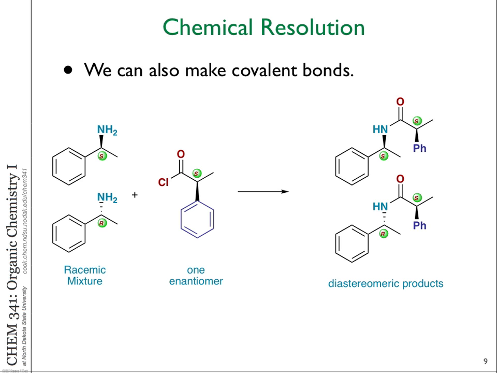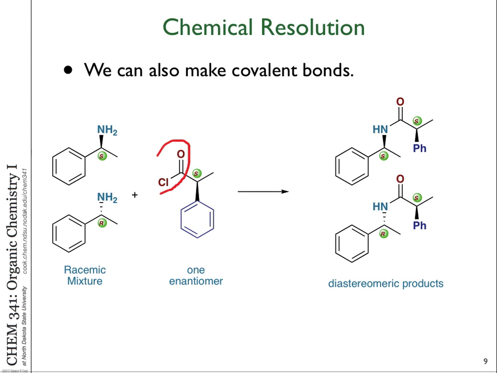This is a reaction which you'll probably study if you go on to 342. It takes an acid chloride, this is a carboxylic acid chloride, which is reactive and essentially reacts with the lone pair of the nitrogen to do a substitution of the chlorine for the nitrogen group. And so what you see here is the formation of a covalent bond in that product.